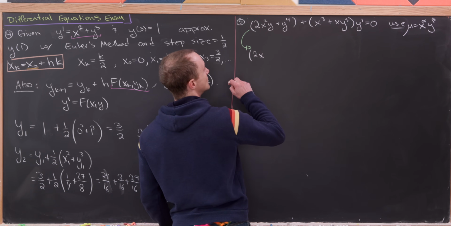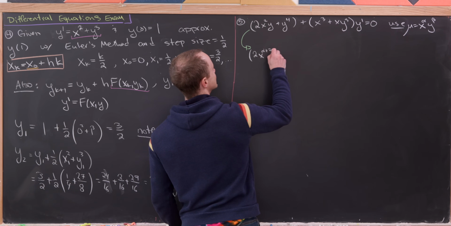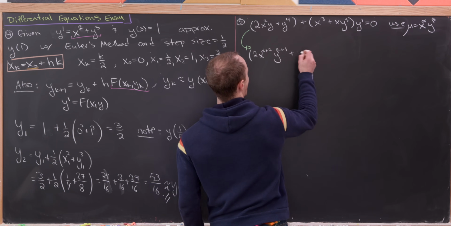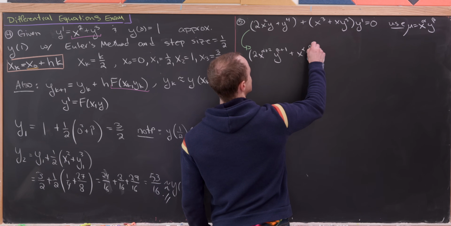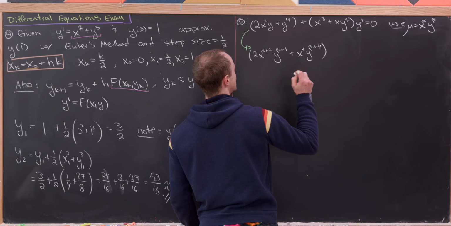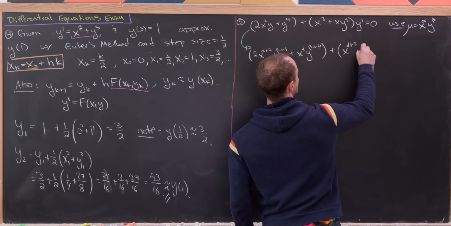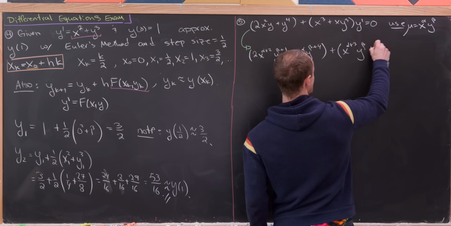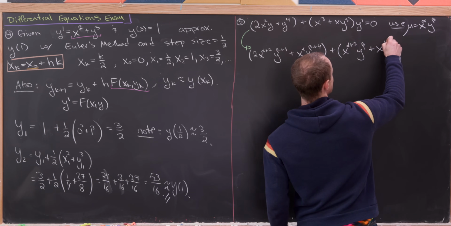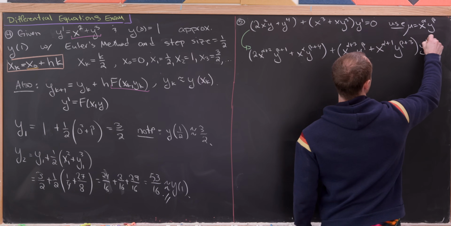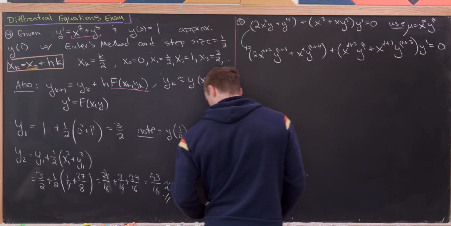So we'll have 2 times x to the alpha plus 2 times y to the beta plus 1, plus x to the alpha times y to the beta plus 4. We're just multiplying through here, nothing fancy. x to the alpha plus 3, y to the beta, and then plus x to the alpha plus 1, y to the beta plus 3 times y prime equals 0.